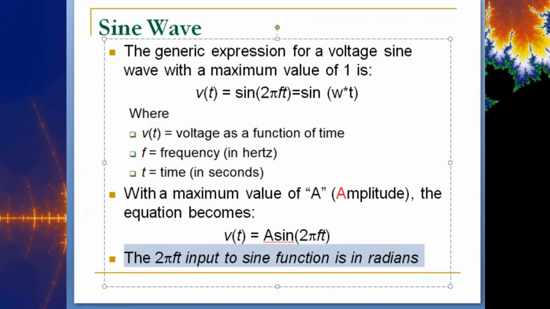For my TI 89, I go mode, and then the fourth one down says angle. You have the option to do radian, gradient, or degrees. Your calculator has to be in radians if you're going to use this equation.